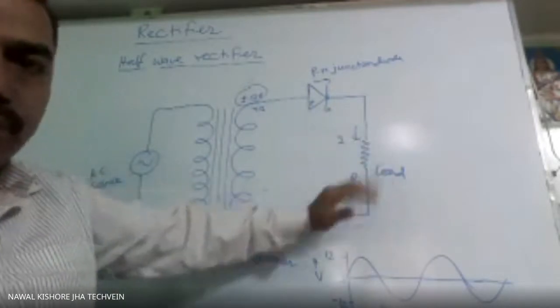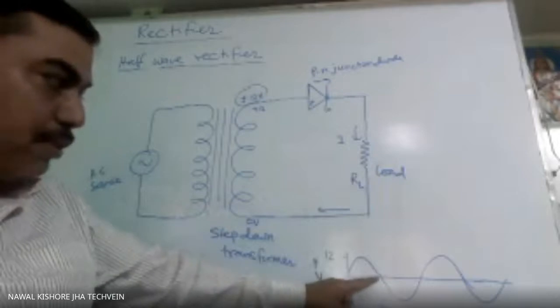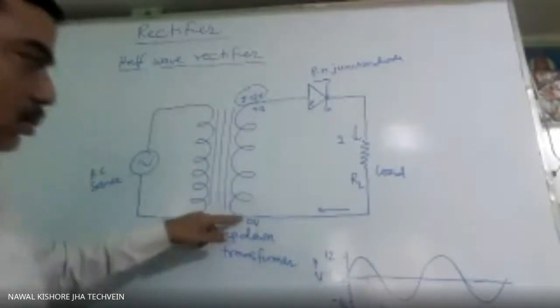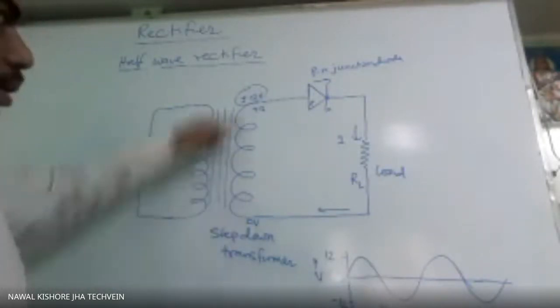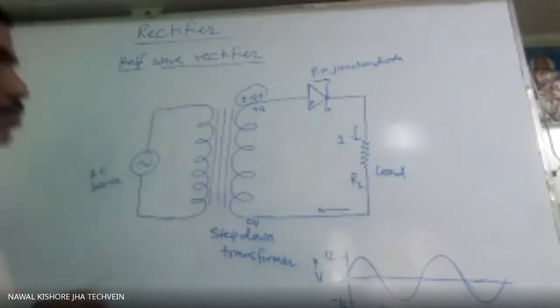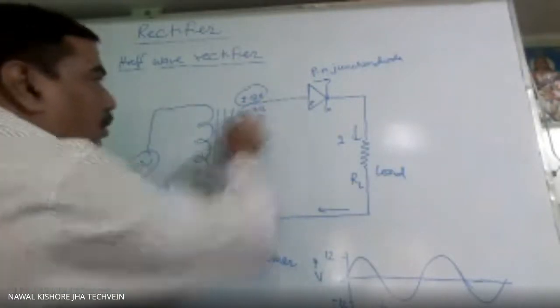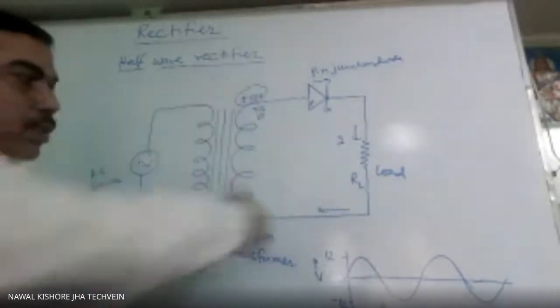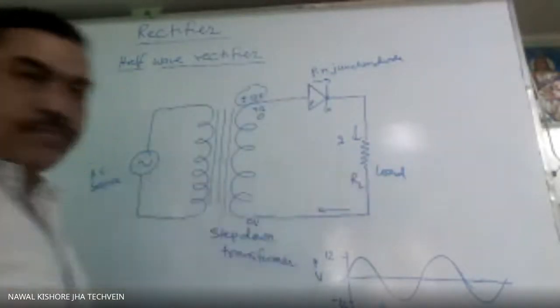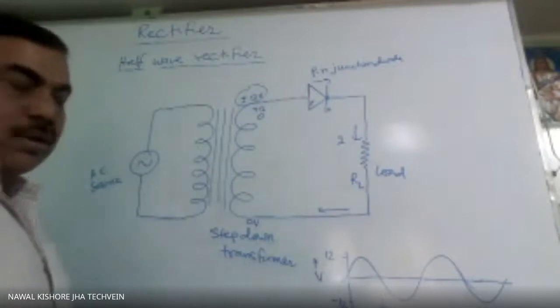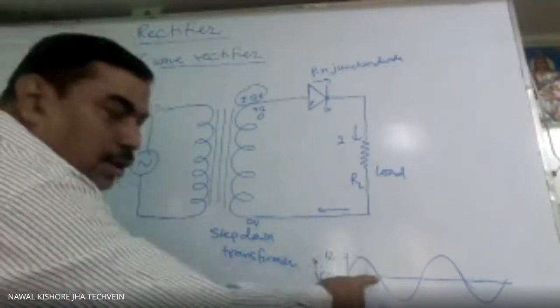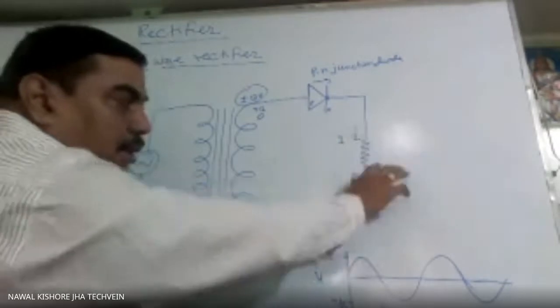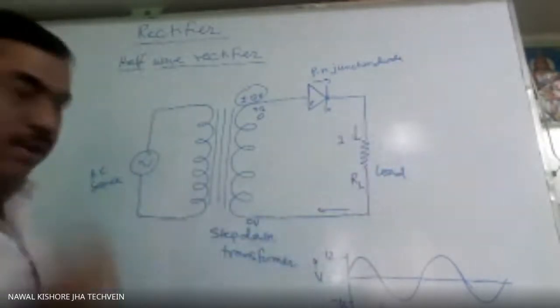After some time, both have come to 0. Now it will not conduct. Both are at the same potential, so we will not get current. For this half cycle we will get the current, and that current will vary. It will not be constant.